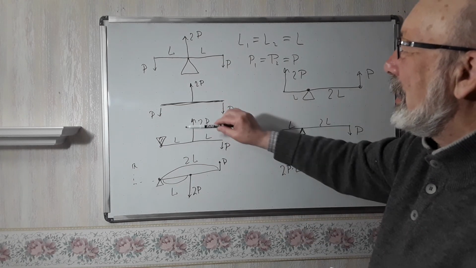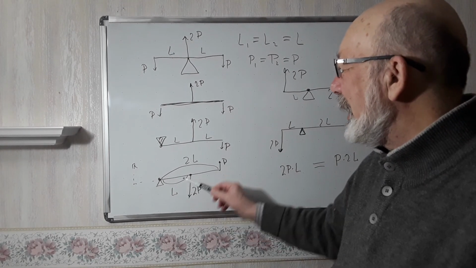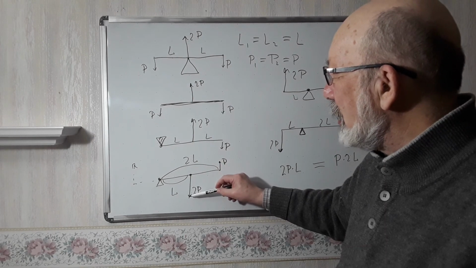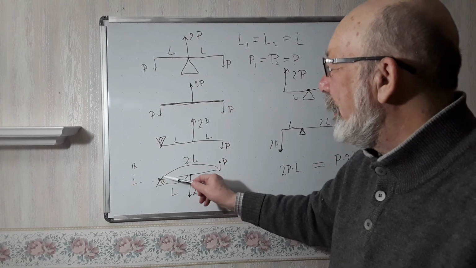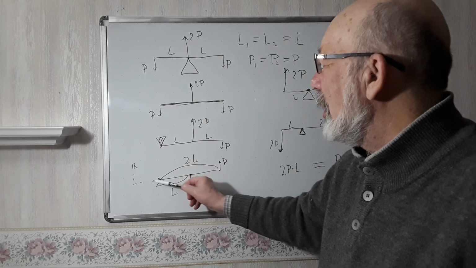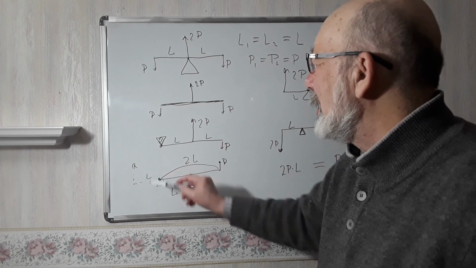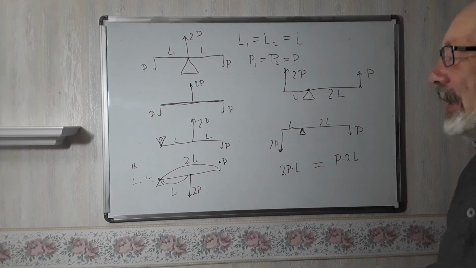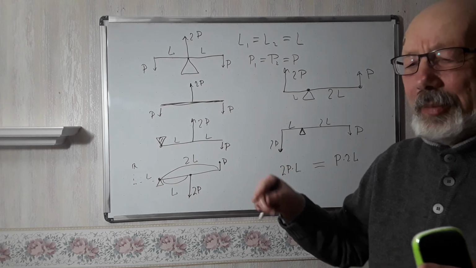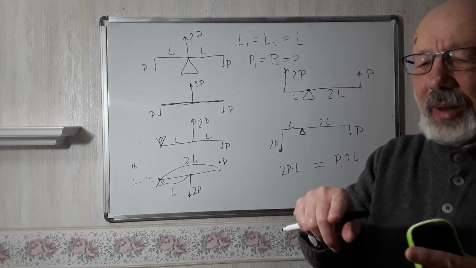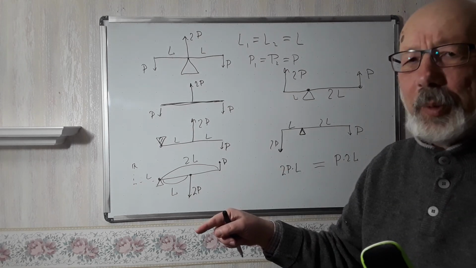Yes, so all this transformation is not exactly like this. For example, here, when you replaced the force which is directed down at the distance L by the force which is directed up on the continuation of this lever by the same distance L, this is analogous to when you have an equality, say A plus B equals C plus D, then you take A from the left side and move it to the right side with opposite sign.